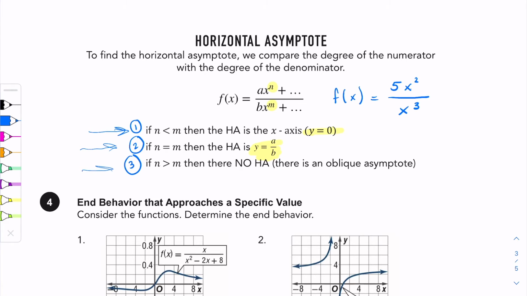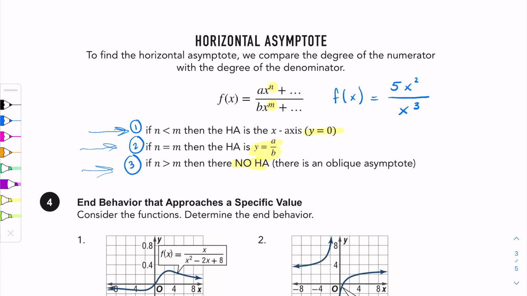And the third potential case would be if the numerator degree is larger than the denominator degree, then there is no horizontal asymptote. In that case, there would be an oblique asymptote, but we're not going to look at those quite yet. We look at those a little later in the year.